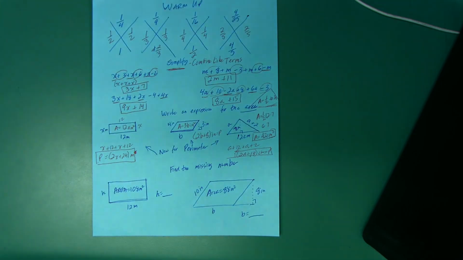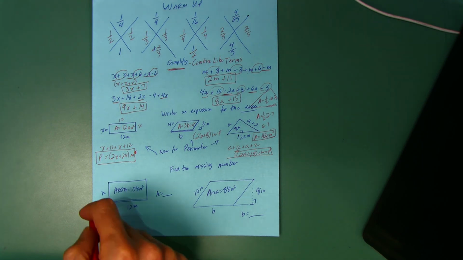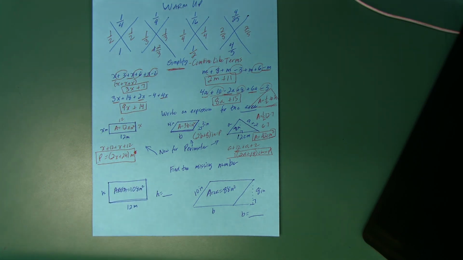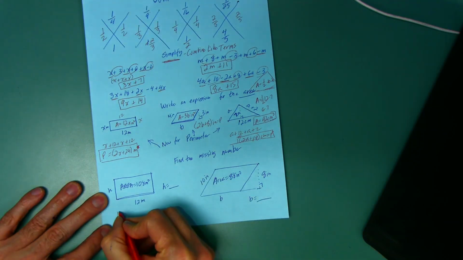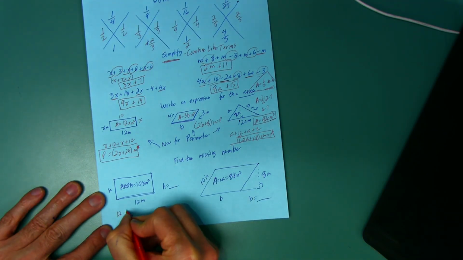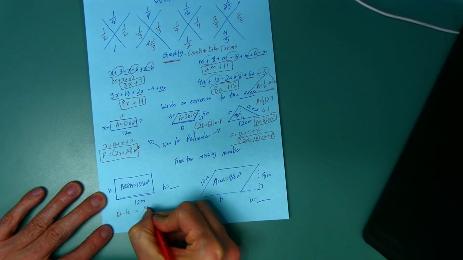All right, all sorts of new things happening today. This time, we've done a couple of these before. It's sort of a puzzle problem. I'm going to work backwards. The area is 108 square meters. The base down here is 12, and we don't know what the height is, but we want to figure it out. Well, remember, the area of a rectangle is just the base times the height, right? 12 times h equals 108.